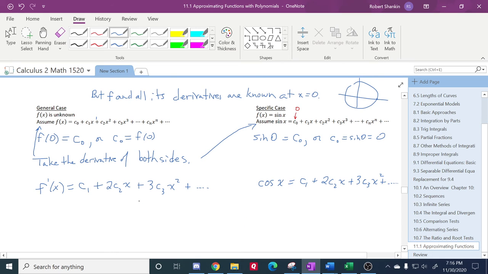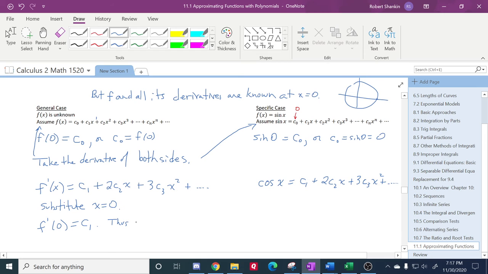Okay. Then we're going to substitute. This is true for all values of x. We're going to choose 0. So then we're going to have f prime of 0 equals, now put in 0 for the x, every term over here zeroes out except this first one.